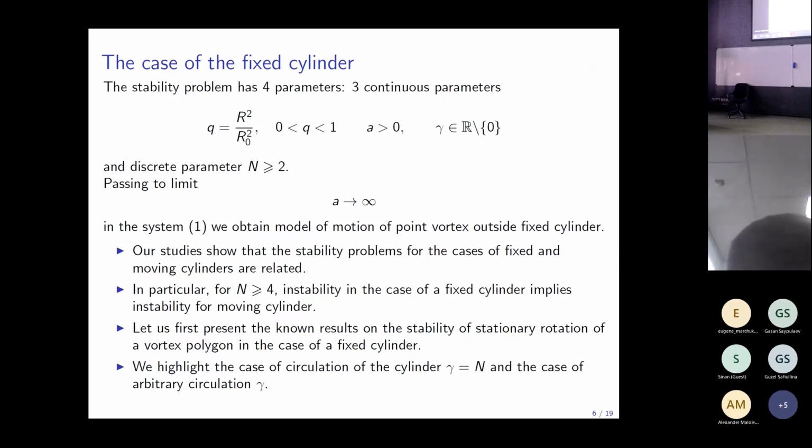Let us first present the known results on the stability of stationary rotation of a vortex polygon in the case of a fixed cylinder. We highlight the case of gamma equal to n and the case of arbitrary circulation gamma.